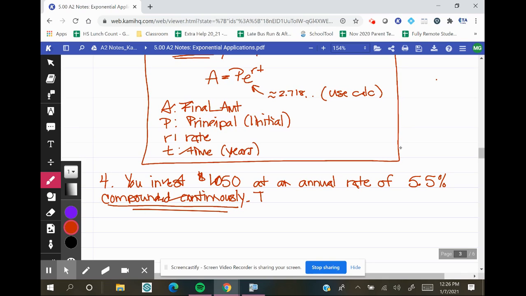Let's do this one to the nearest dollar. So different from that first one, which said in dollars, so we wanted it to the nearest cent. This one, I'm going to say to the nearest dollar. How much money will you have after 5 years?